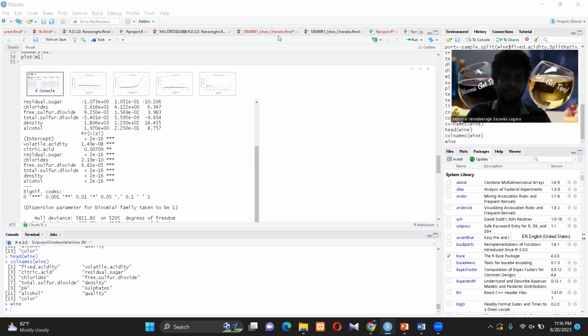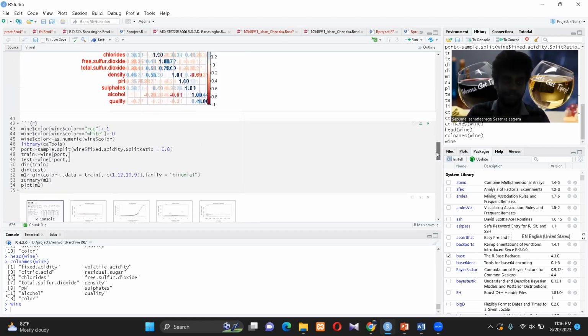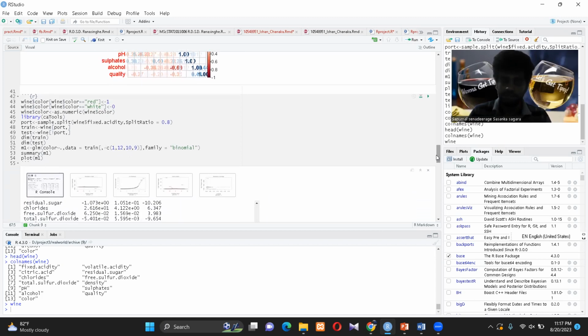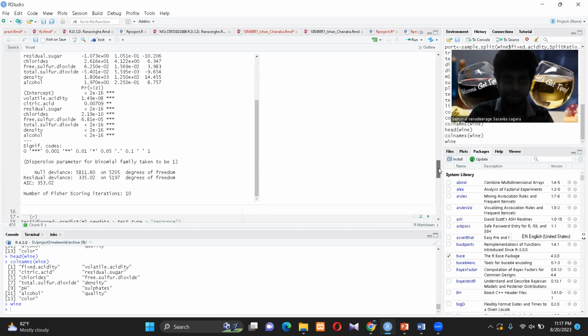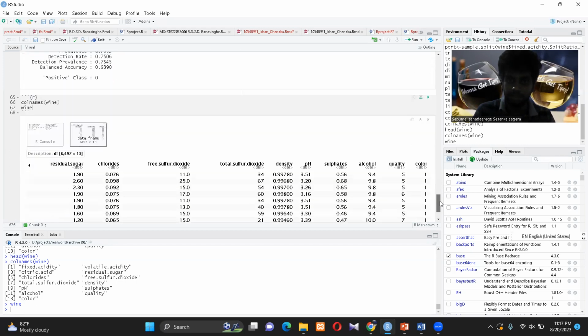Last time I was talking about the binomial logistic regression model with the help of the GLM function. First of all, we trained the model including all these variables.